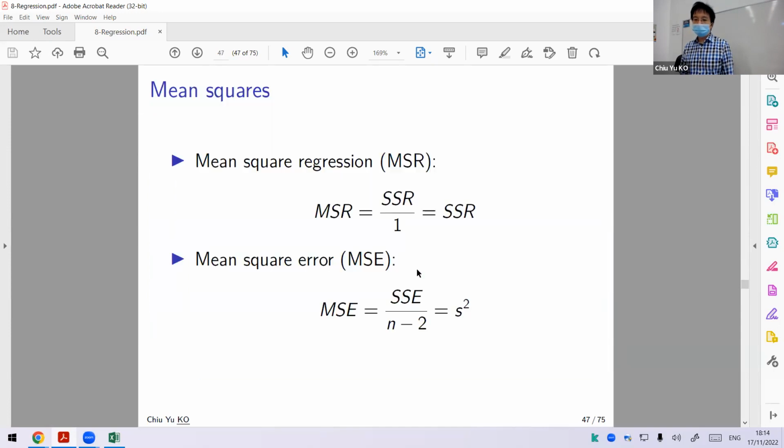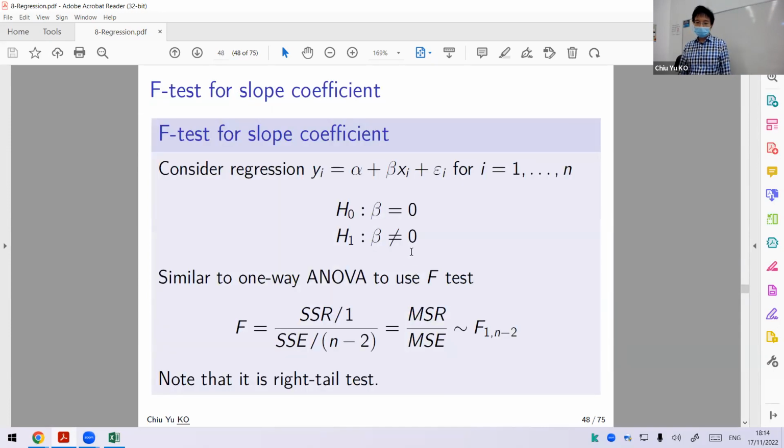As we saw, when there are two groups, one-way ANOVA is the t-test. Here we only have one variable, so ANOVA is exactly the same as a t-test. If you do the t-test on beta, it's the same as ANOVA.